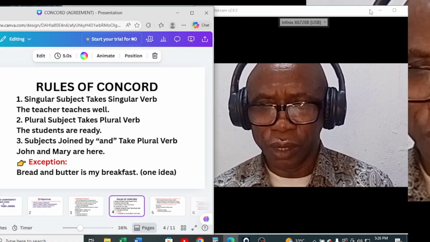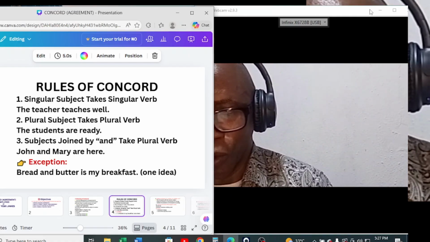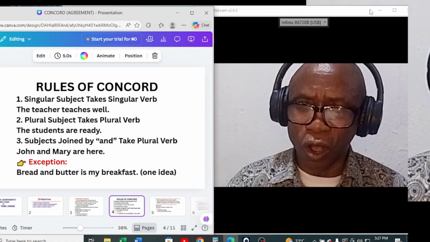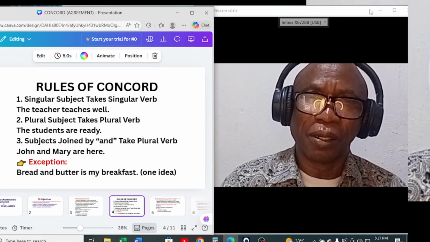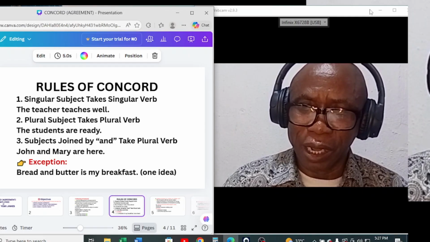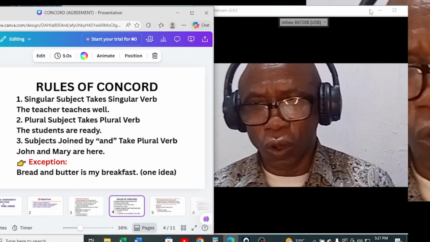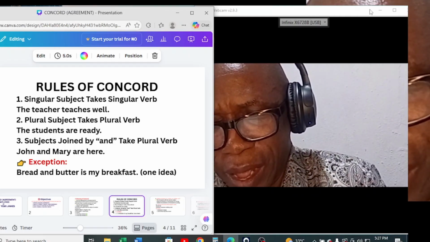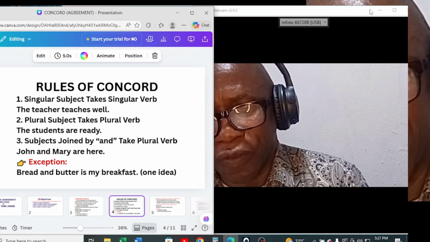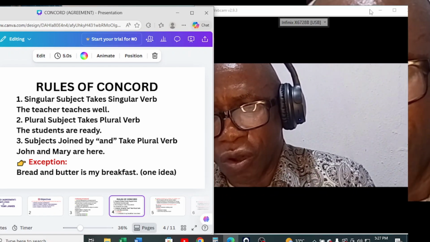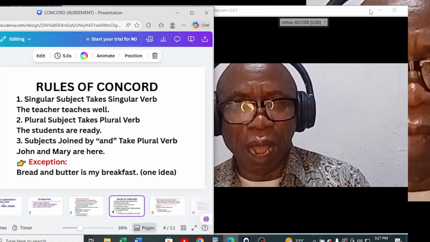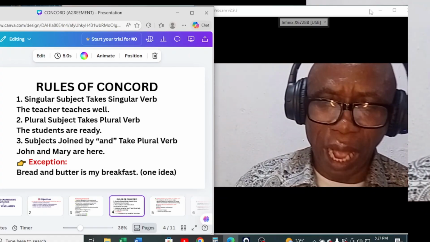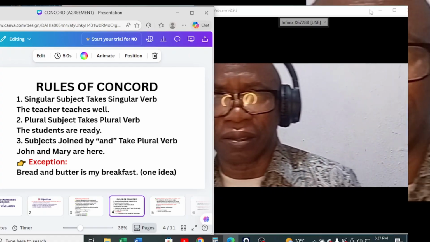There is an exemption here when you use a joint subject like bread and butter. This connotes one. So the rule of agreement we mentioned here in number three does not hold. So it is bread and butter is my breakfast, or bread and butter is good for breakfast.